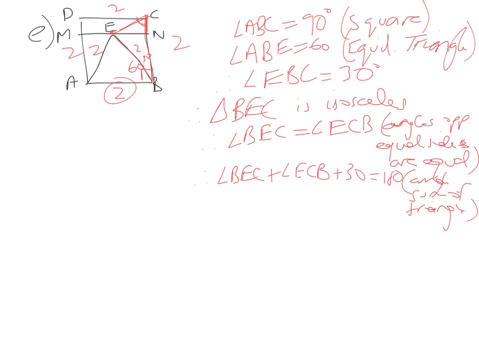So therefore, because they're the same, ECB, or ECN, I'll change that, must equal 150 divided by 2, which equals 75 degrees.